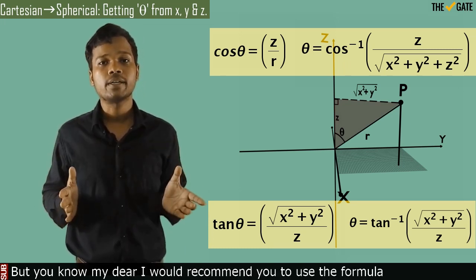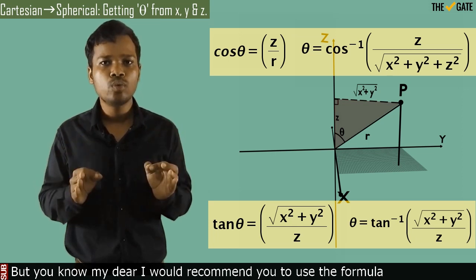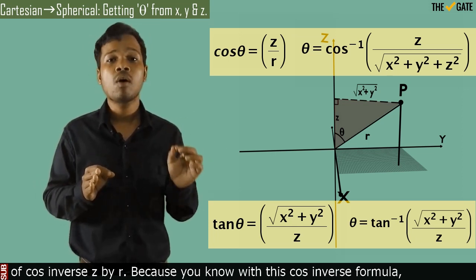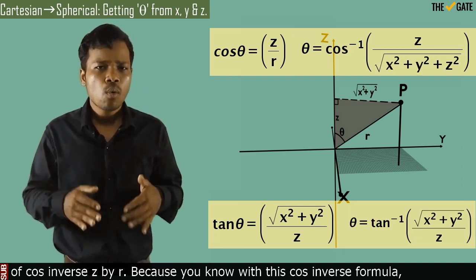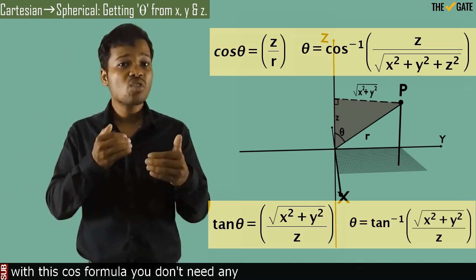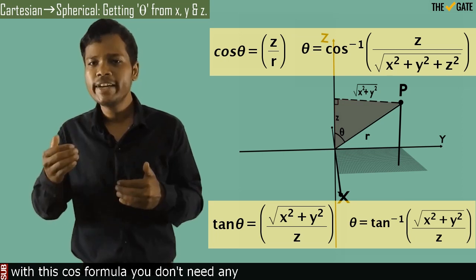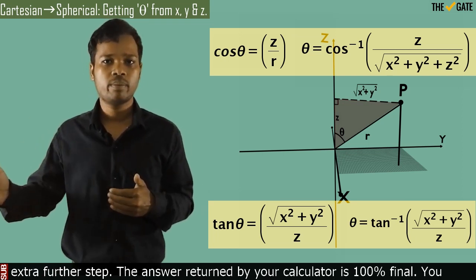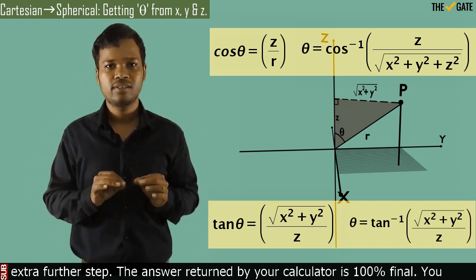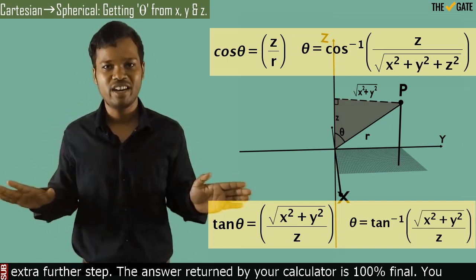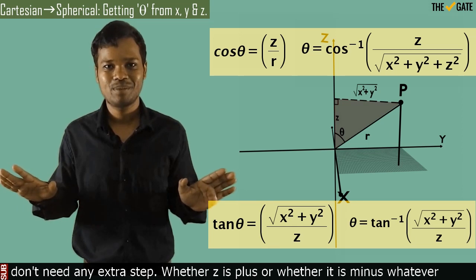But my dear, I would recommend you to use the formula of cos inverse z by r. Because with this cos inverse formula, you don't need any extra further step. The answer written by your calculator is 100% final. You don't need any extra step.